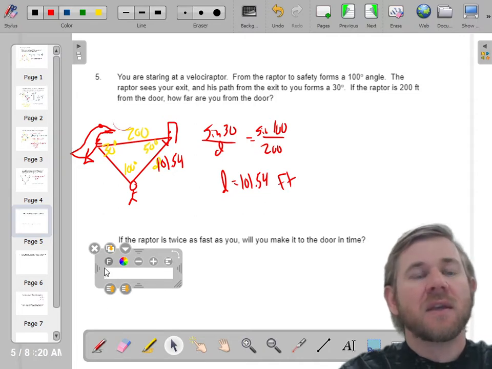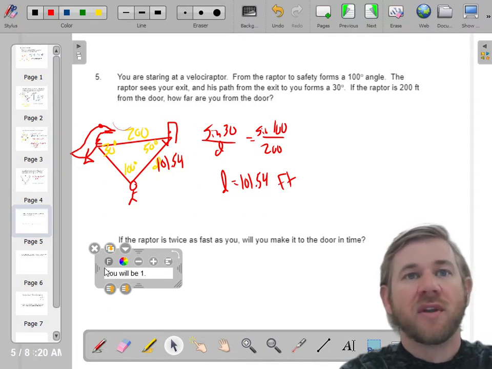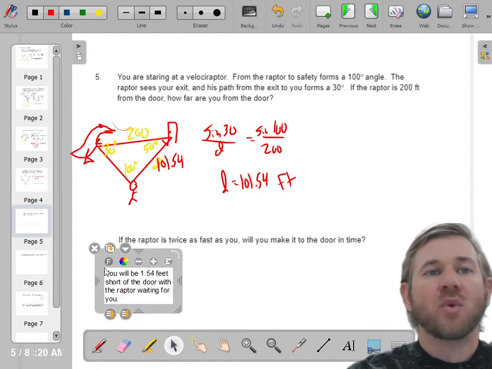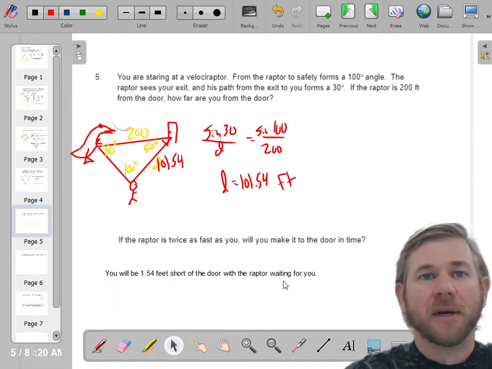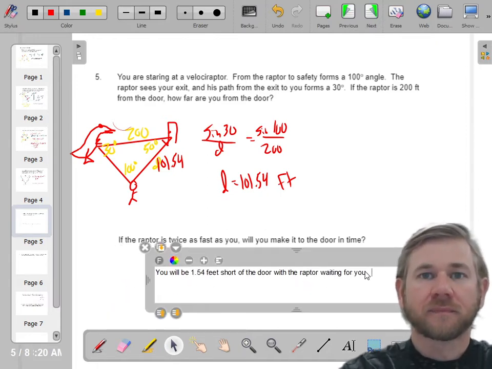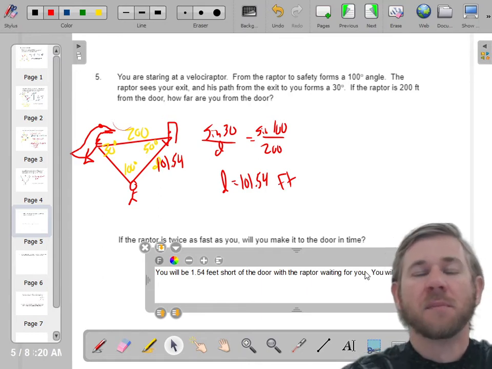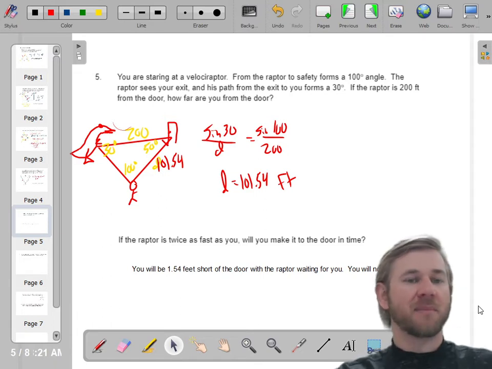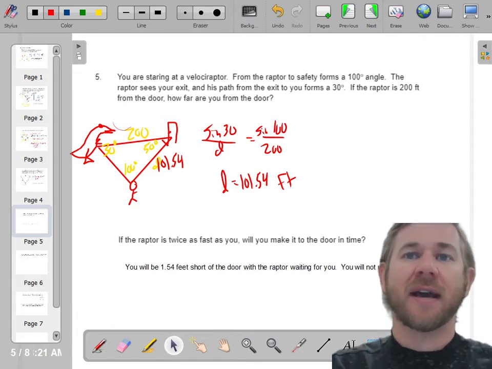So you will be 1.54 feet short of the door with the raptor waiting for you. You are lunch. Bummer. Better try something else. Even though he's got more distance, he's twice as fast. So you're not going to make it.